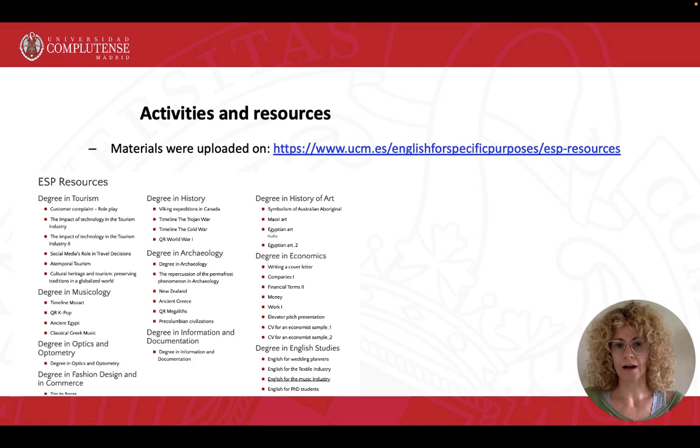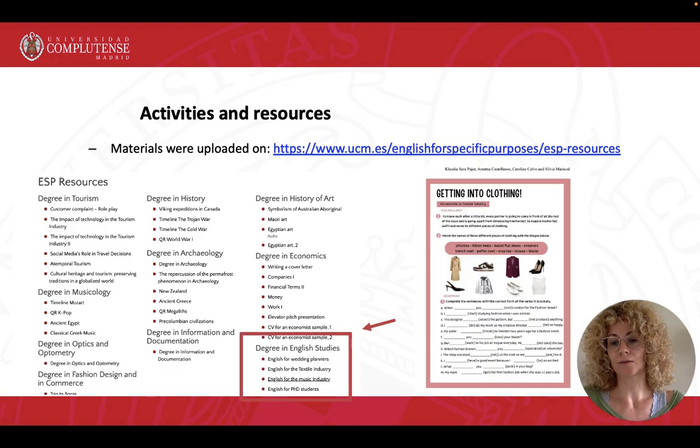So here you have the website where you can find the different materials that they designed. And this will be an example of one of the materials that the group on textile industry designed.